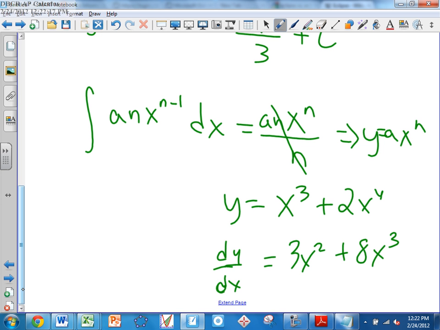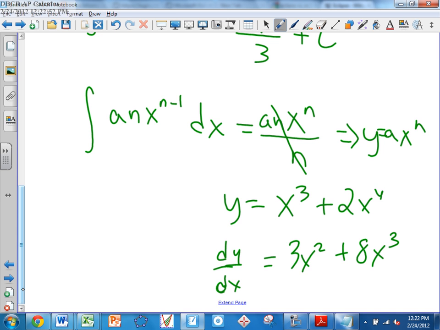If either of the terms had been a negative quantity, the corresponding term in the integral would have also been negative, so differences are as readily dealt with as sums. Okay, so notice, if you have an integral of two sums, you just break it up, just like it was differentiation. When you're looking at x squared, it becomes x cubed over 3. When you're looking at x cubed, it becomes x to the fourth over 4. That's where the 1/3 and the 1/4 are coming from. Those are coming from dividing by them, really.